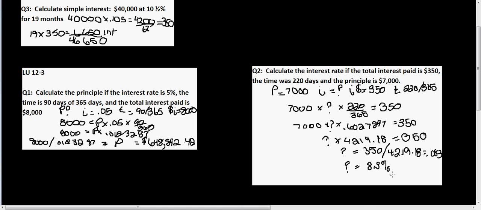In order to convert this to a percent, I simply have to move this decimal point over 2 spots and then add the percent sign. So my interest rate in this case is 8.3%. How do I check it? Put it back in here and see if you get 350 as your answer. You will. And that's how you apply simple interest.